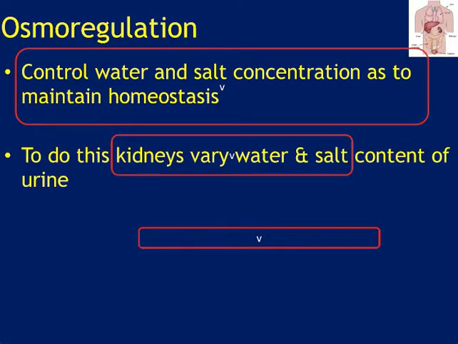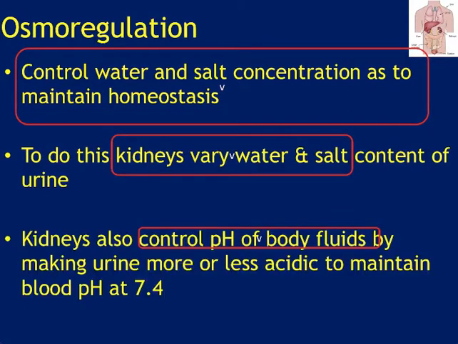And the way kidneys vary our water and salt concentration is to vary the water and salt concentration of your urine, and they will also control the pH of body fluid by making your urine more or less acidic, and that's where those H+ ions for secretion come in.